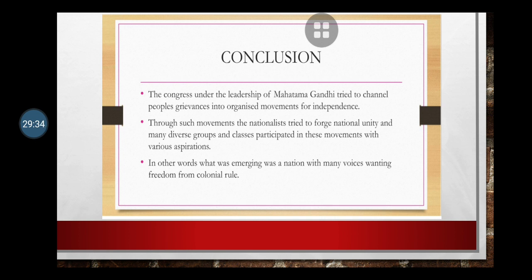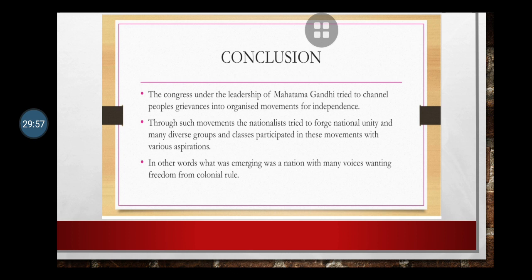In other words, what was emerging was a nation with many voices wanting freedom from colonial rule. There were different voices, but their aim was common: to free ourselves from British rule, because the common enemy was the British, even though we had different specific demands and goals.